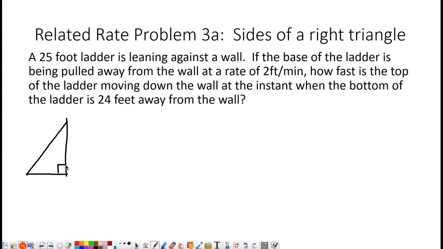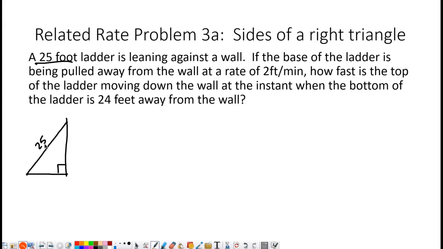Now something that never changes is the length of the ladder. No matter how much you pull that ladder away from the wall, the ladder is always going to be 25 feet. So anytime you have a value that's not changing on our picture, we're going to leave that as a constant. Okay? So I'm going to label the ladder length as 25.